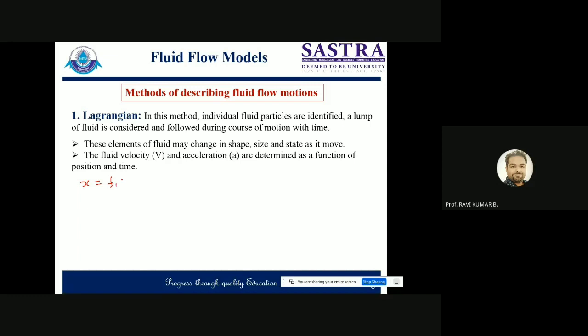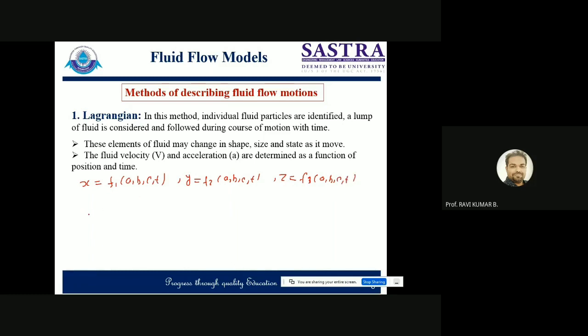If I say the local coordinates are a, b, c, and t, then similarly y at that particular instant also depends on local coordinates a, b, c, and t, and z will also have another function, say f3, of a, b, c, and t.